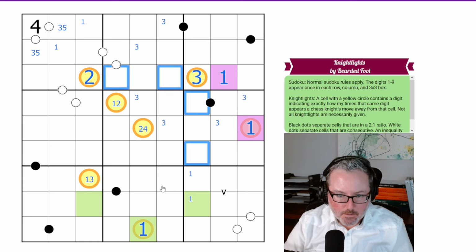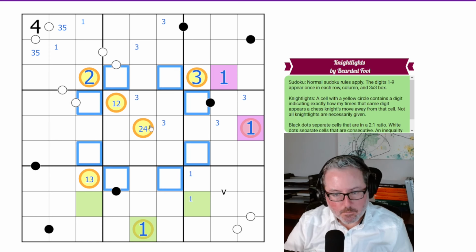Can we look at this? Oop, misclick there. Can this be a 4? I don't necessarily see why it couldn't, because you could easily have a 4 in all of those positions. They don't see each other in any given way.